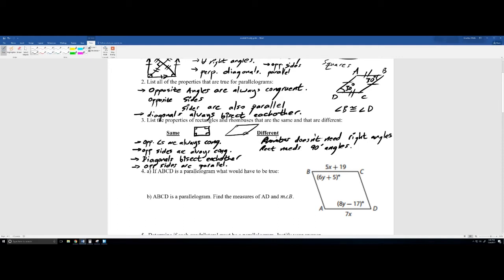Another thing to note is, if you had these diagonals here, a rhombus has diagonals that are also angle bisectors.